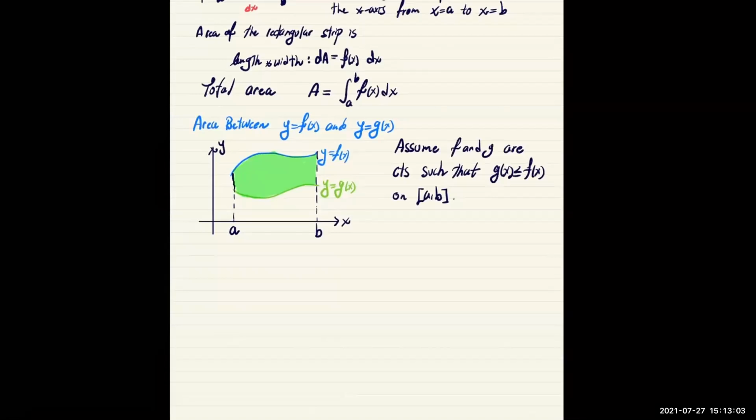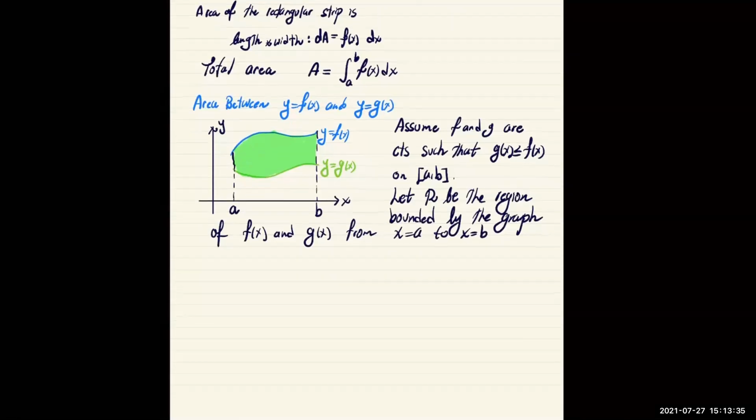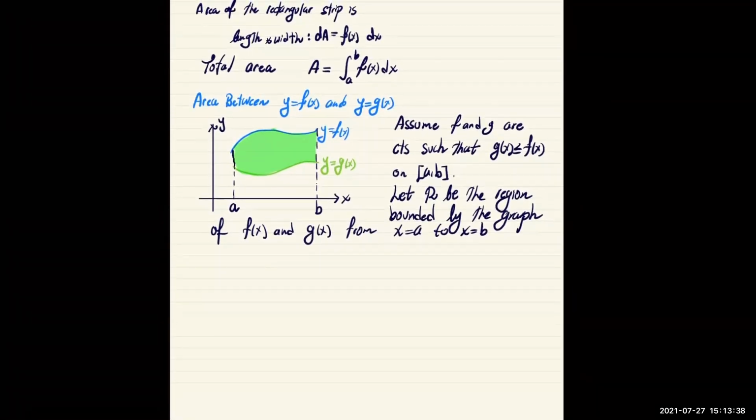All right, so let R be the region bounded by the graph of f of x and g of x from x equal to a to x equal to b. So we want the area of that region.